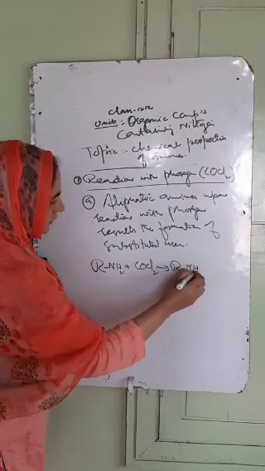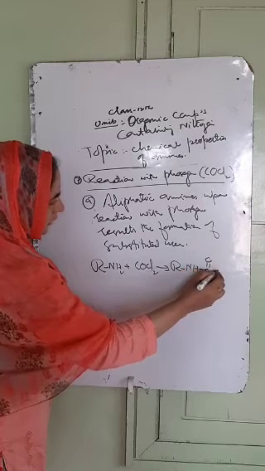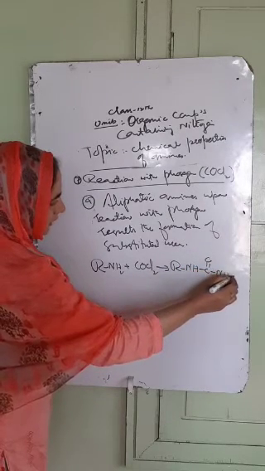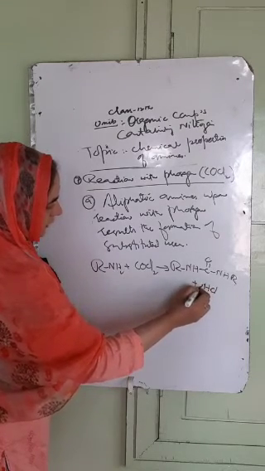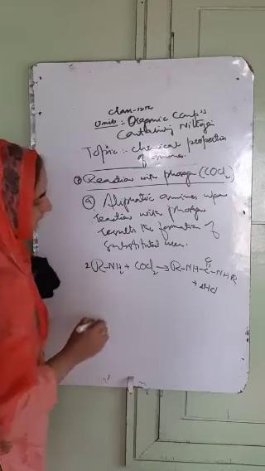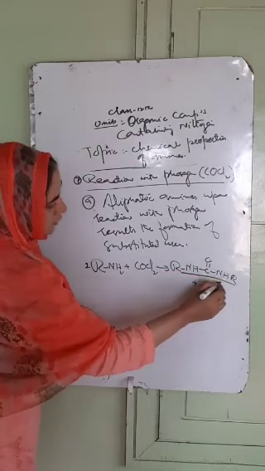RNH, C double bond O, NH and R. Here we have HCl twice. This is substituted urea.